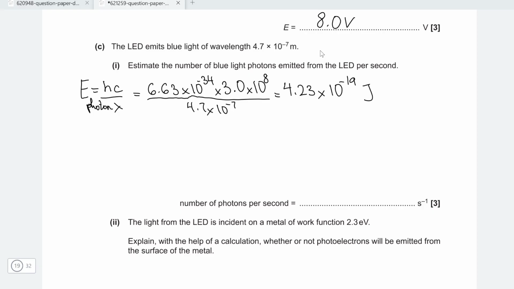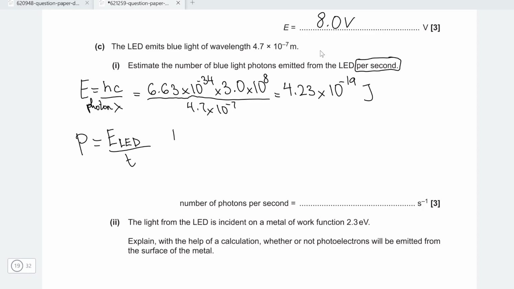Now let's see whether we can find out how much energy the LED emits per second. For that, we're going to use the power formula. So we know that the power of an LED is equal to the energy of the LED, so let's just give that E subscript LED, that's the energy emitted per unit time.